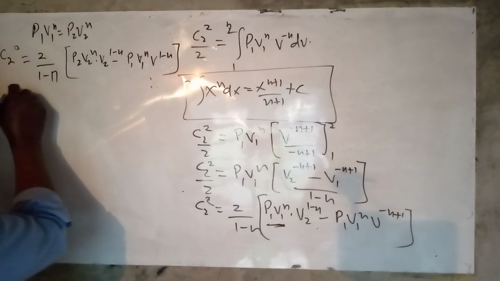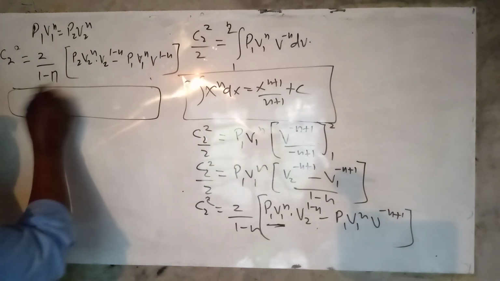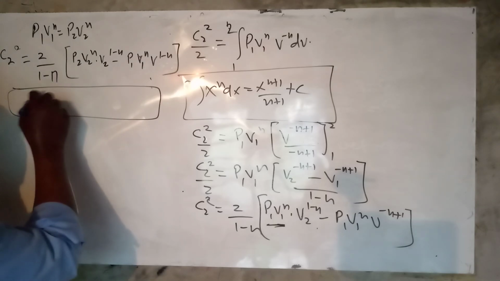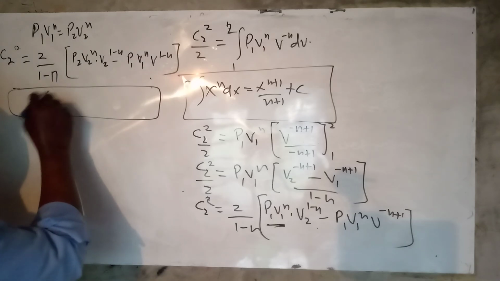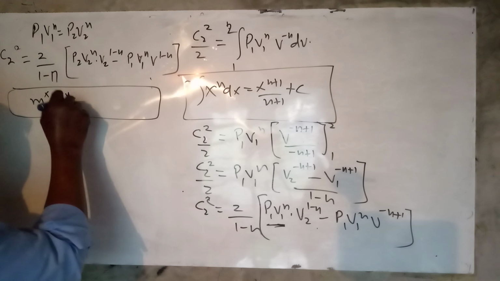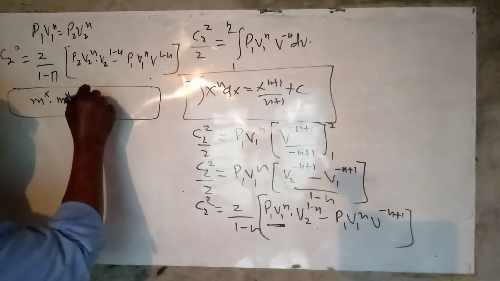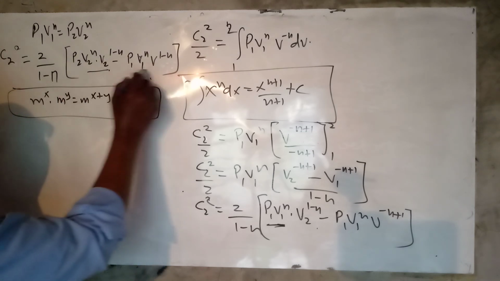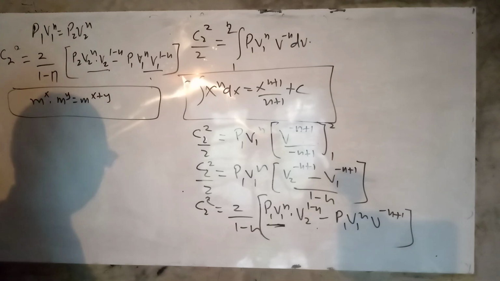And of course, using the simple arithmetic of indices, we have m^x times m^y will be m^(x+y). So we can apply those quantities there.